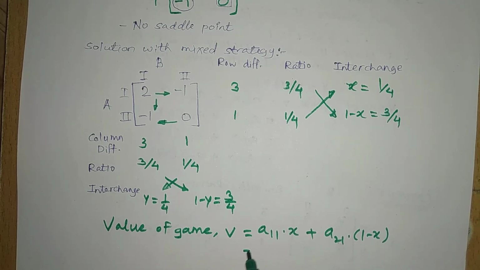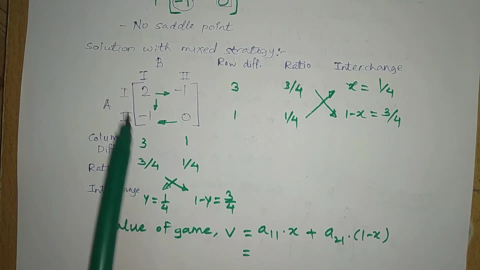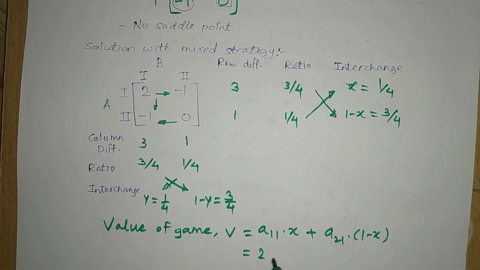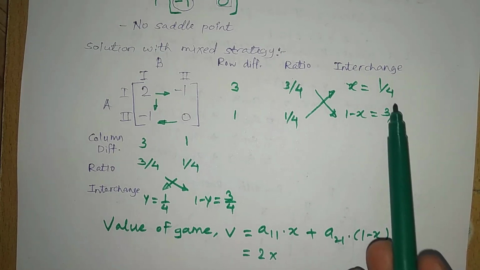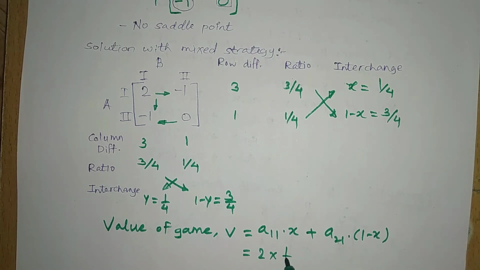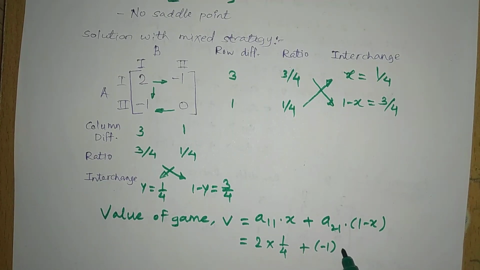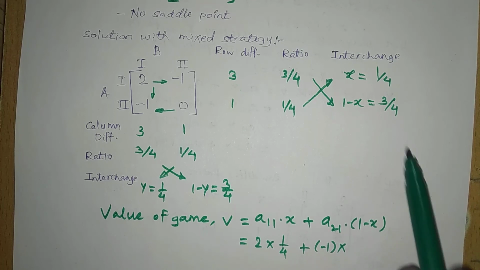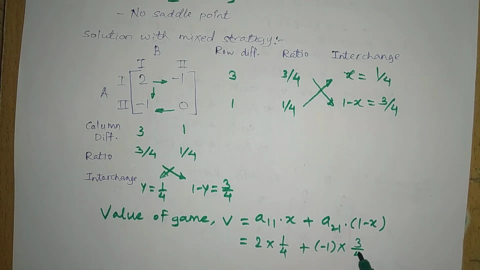The A11 element is 2, into x value 1 by 4, plus A21 value is -1, into (1 minus x) value 3 by 4.